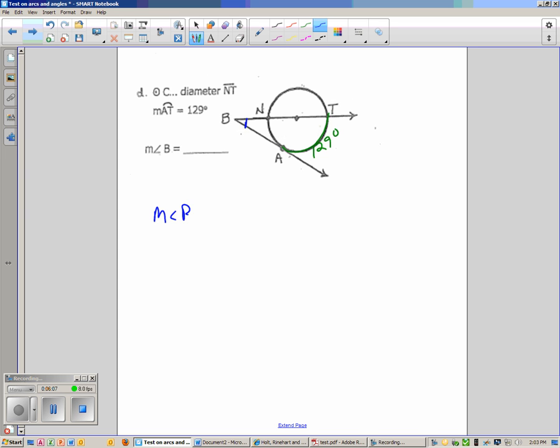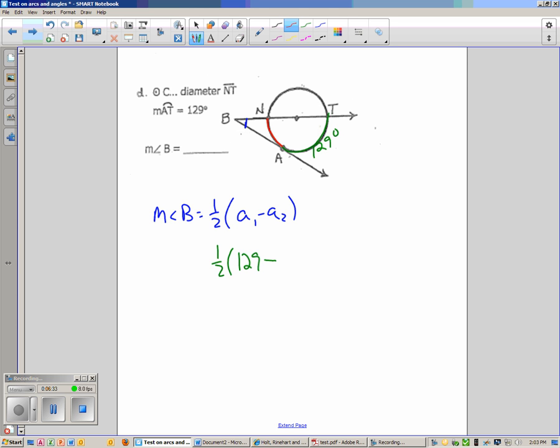Okay, so going back to the problem, the measure of angle B is equal to 1/2 arc 1 minus arc 2. Okay, so since I'm looking for this, I know one of my arcs, which is 129, so here I'm going to have 1/2 129 minus, and at this point I don't know what the measure of this is.